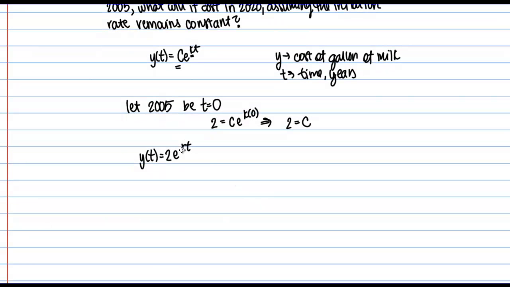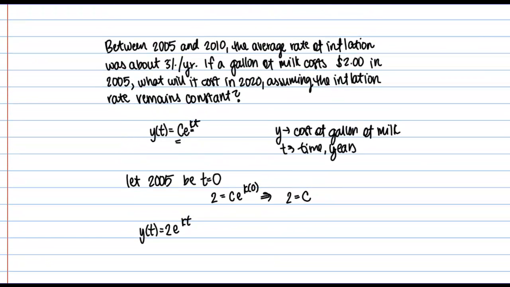And my next step is going to be to solve for k, the rate constant. Now to solve for k, I need another data point. Right? Basically, I need to plug in some cost for y and some time for t, and then solve for k. So let's see if we can figure out the cost perhaps in 2006. So we know then that the cost should have grown by 3%.